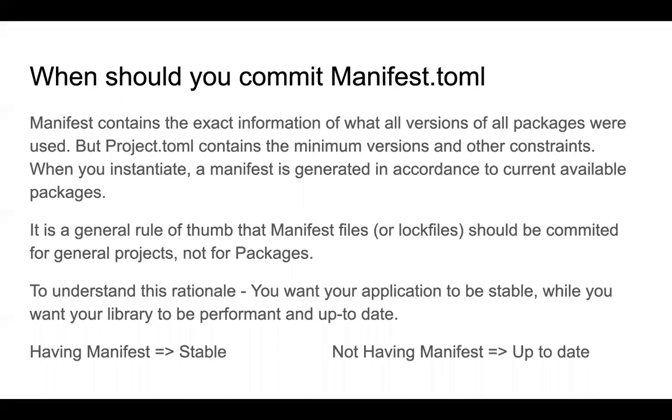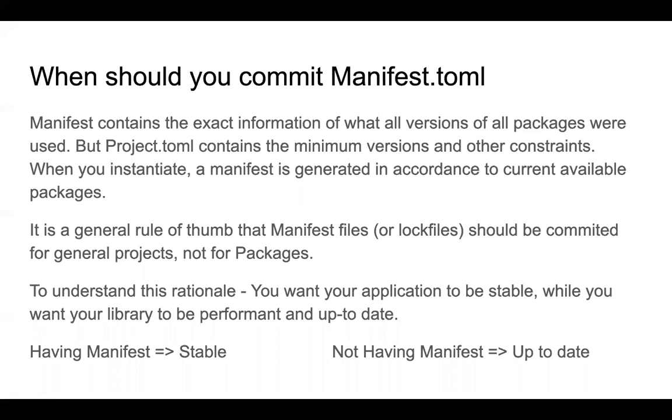So what do these two files have different? The Project.toml file just contains the compatibility constraints and lists all of the dependencies. Like, I want OrdinaryDiffEq, but I want at least 5.4.0, and I want Random.jl at least this particular version.